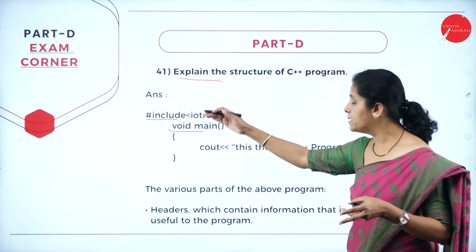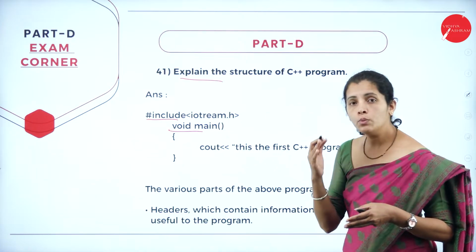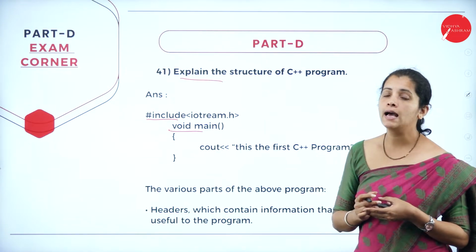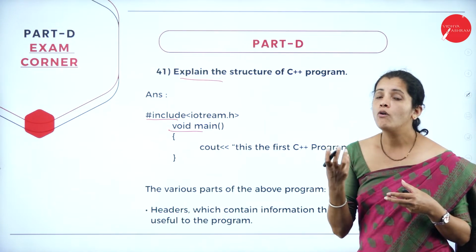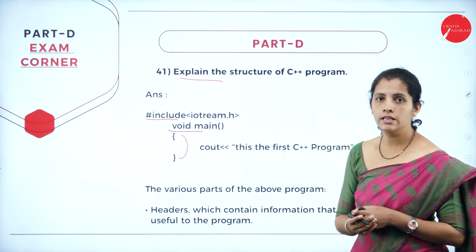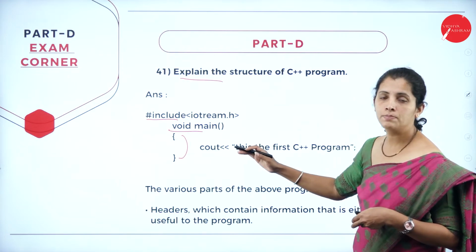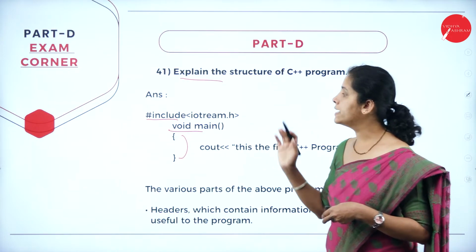Within the main program, I can use local variable declaration as well as the group of statements, and that should be written inside the curly braces. So this is the structure of a C++ program, and this is the example.